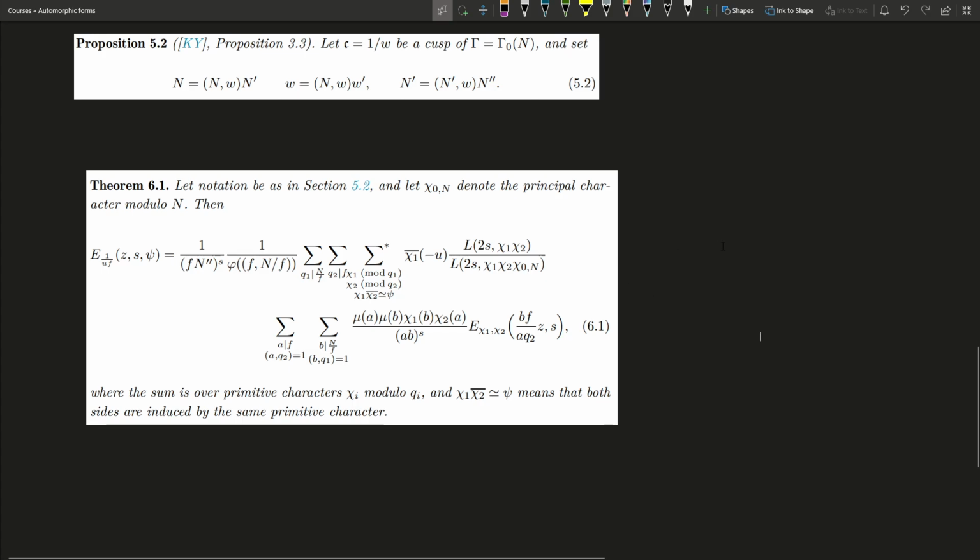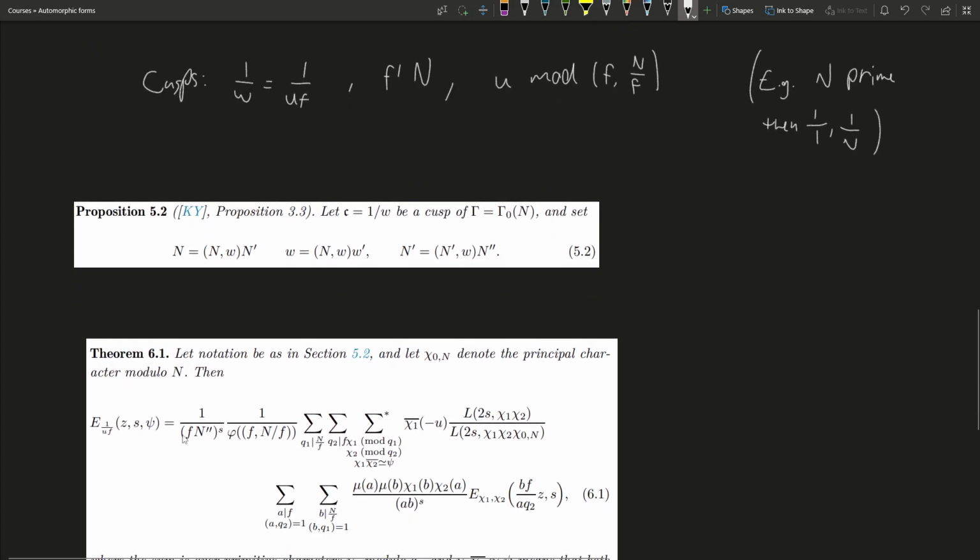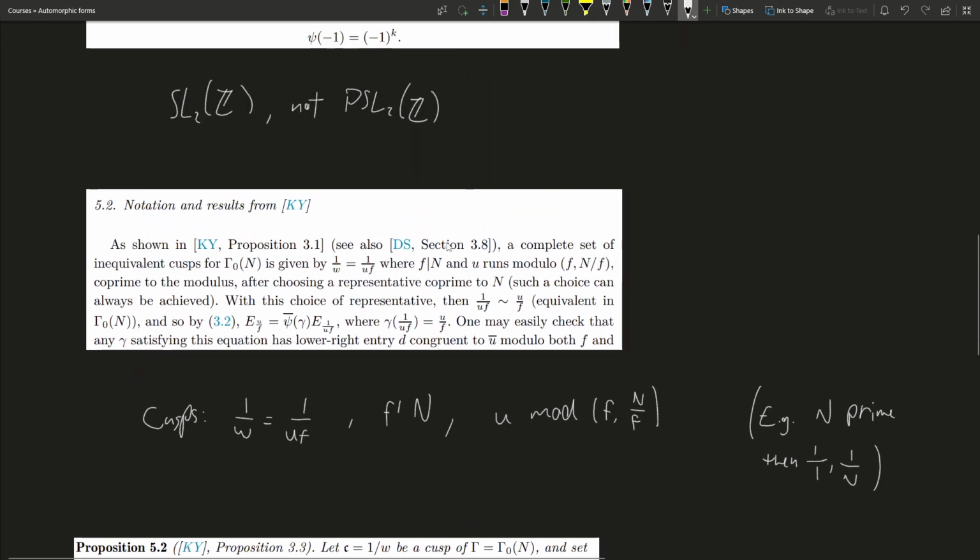And of course, when I actually went and looked this stuff up, I did it in sort of the reverse order, right? Because I found theorem 6.1, which sure looks like the thing I'm going to need. And it says, okay, let the notation be as in section 5.2. Okay, let's go check section 5.2. We've got this f, this n double prime, so we needed this proposition, we needed this stuff.